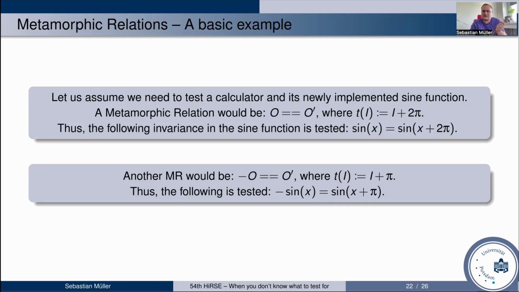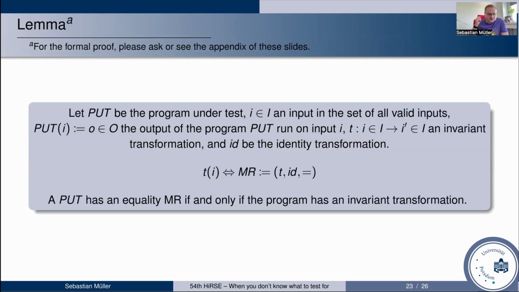So we have seen that we have these three places where we can play around and generate new metamorphic relations. Why am I going on and on about these three tuples? Because in my thesis, I have formulated the lemma that you see on the slide.